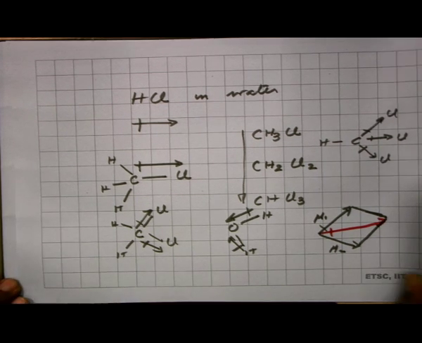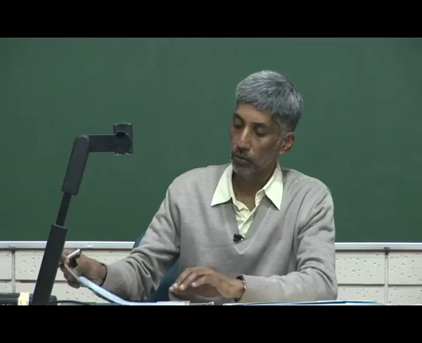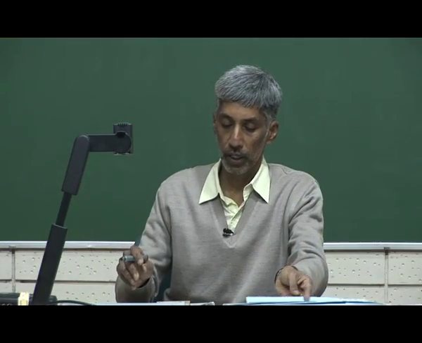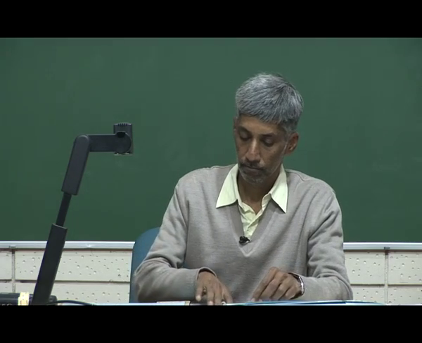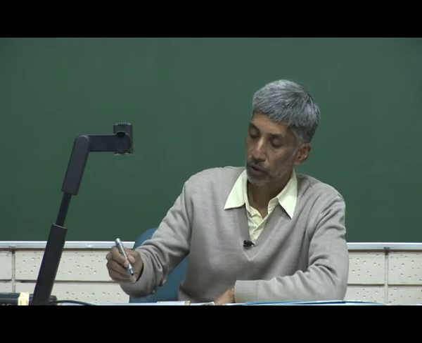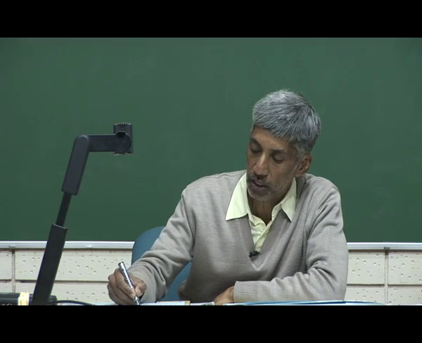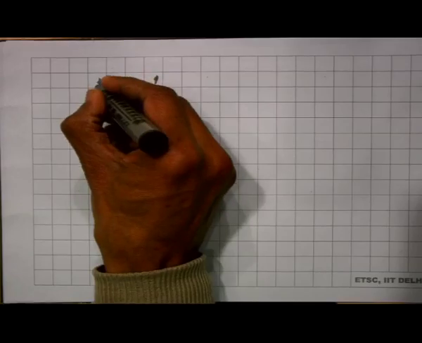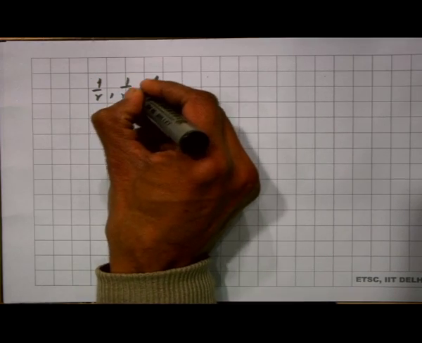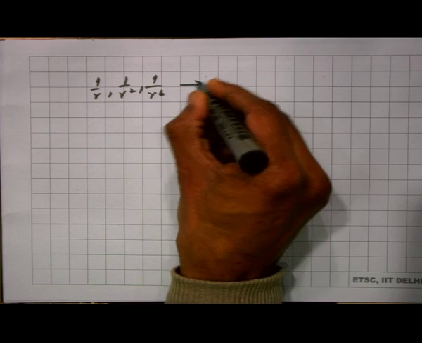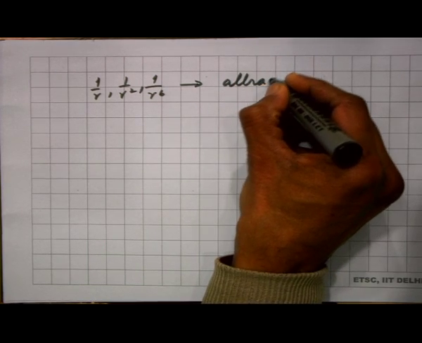So, we have come across now a dipole-dipole type interaction, which goes as 1 over r to the 6. So, we have 1 over r, 1 over r square, 1 over r to the 6, all of them are attractive.